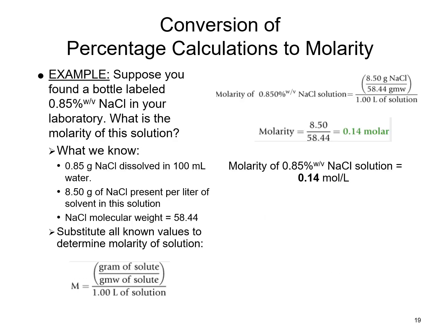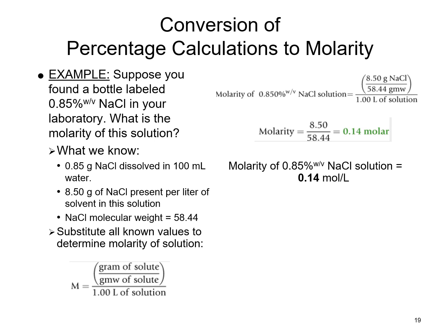Now that we've determined that, next we use the molarity formula to determine the molarity of this particular solution. We know that there are 8.5 grams of sodium chloride present per liter of solvent in this solution. The molecular weight of sodium chloride is 58.44.